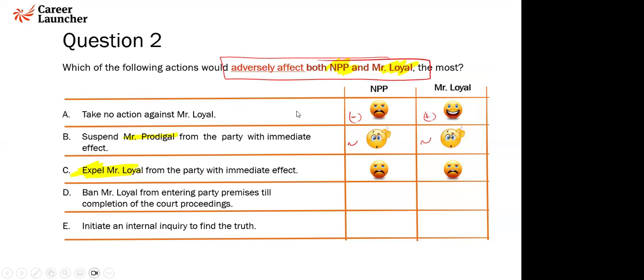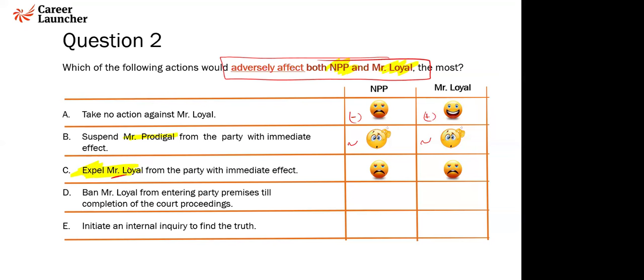Okay. So the issue with choice C is that when you look at expelling Mr. Loyal, he has not done anything wrong. At least there's no data against Mr. Loyal except rumors. So from the party's point of view, if they expel Mr. Loyal, he will take his followers with him. He's got a significant following within the party, and hence he can then look at damaging the party significantly.